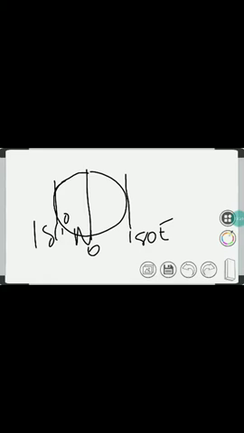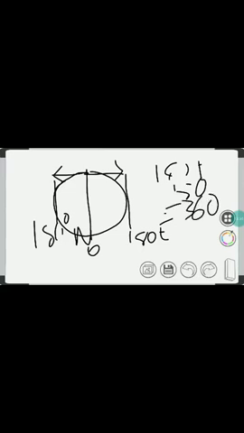So it's like in total 180 towards this side, in total 180 towards this side, 180 plus 180 equal to 360 longitudes. So the entire earth is covered with approximately 360 longitudes, whereas the number of latitudes is approximately 180, 90 plus 90.